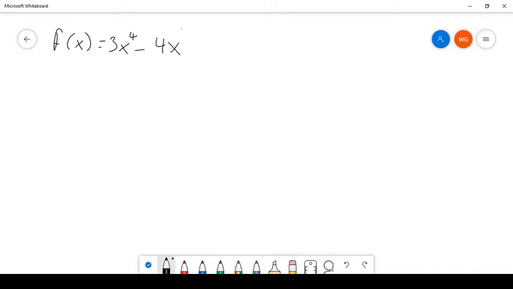Let's do all of the necessary groundwork up front. f prime of x is equal to 12x cubed minus 12x squared, just using the power rule. And f double prime of x is equal to 36x squared minus 24x.